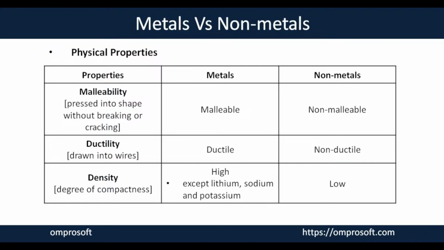They can easily react with moisture or humidity in the atmosphere and get oxidized. That is why their physical state can change. But non-metals have low density because most non-metals are gases, so the atomic particles have a huge distance between each other. That is why the density of non-metals is low.